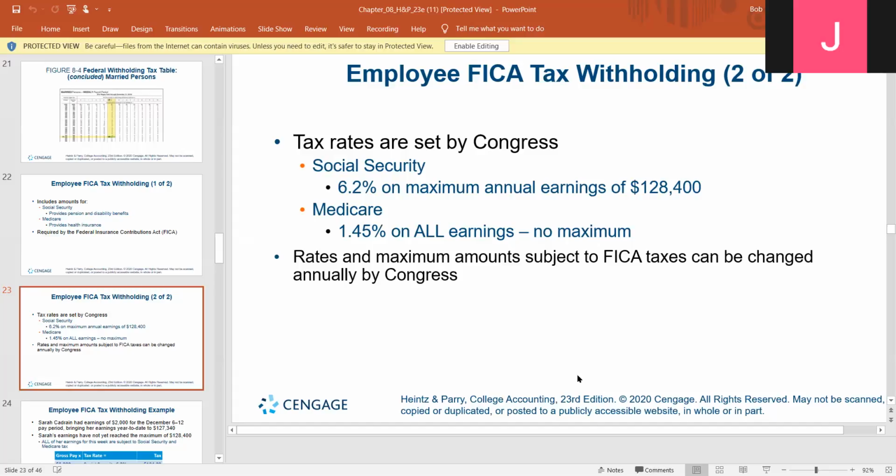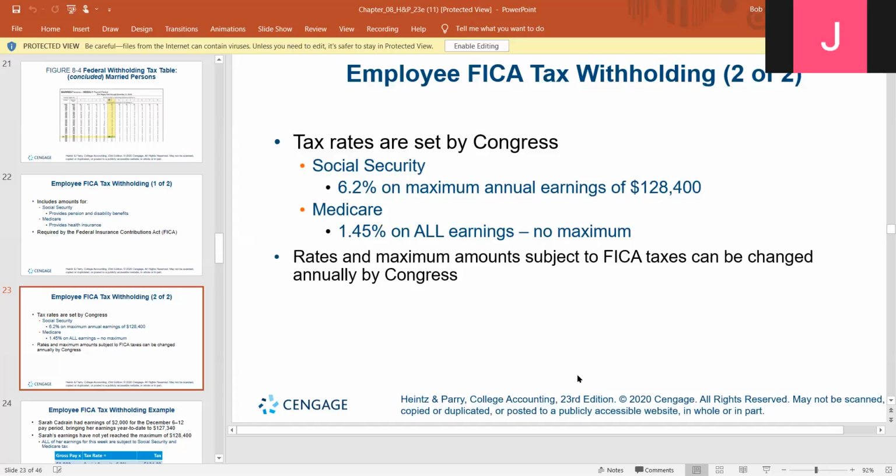The person who made $1 million is paying only $7,960. You divide that over $1 million, that's like 0.0001. So the rich people are paying much less in terms of a percentage, called a regressive tax.